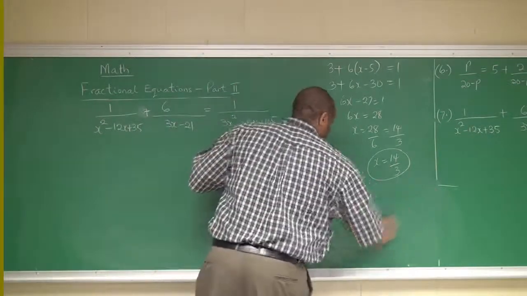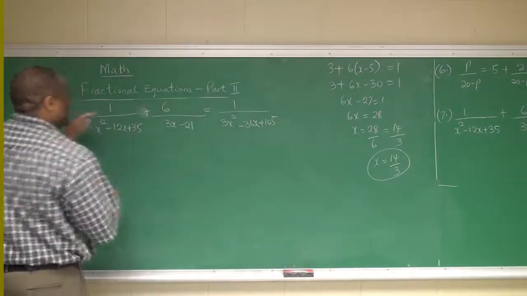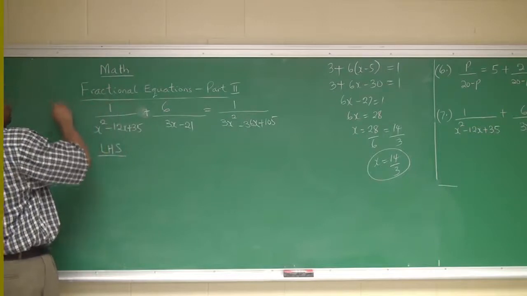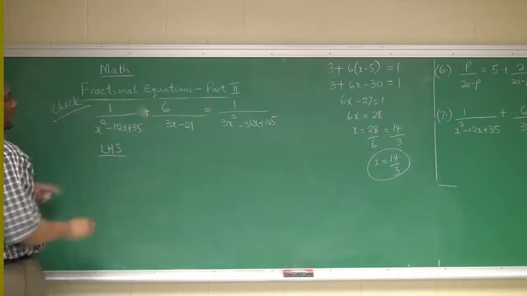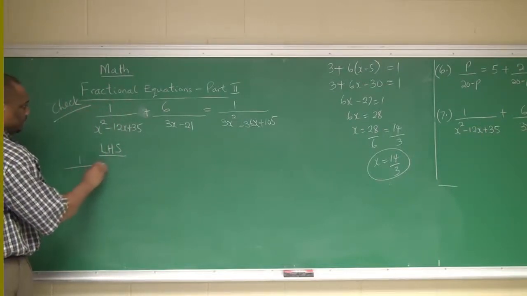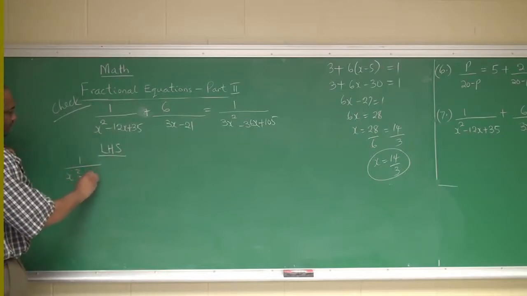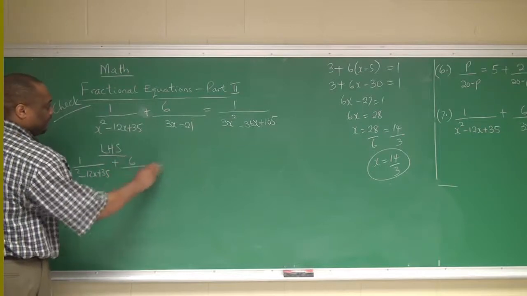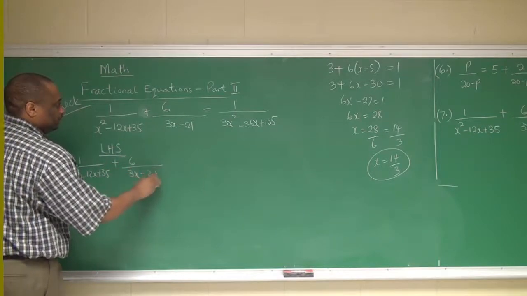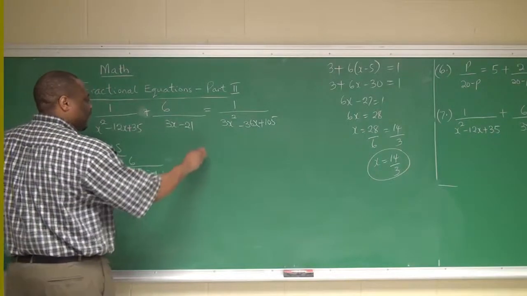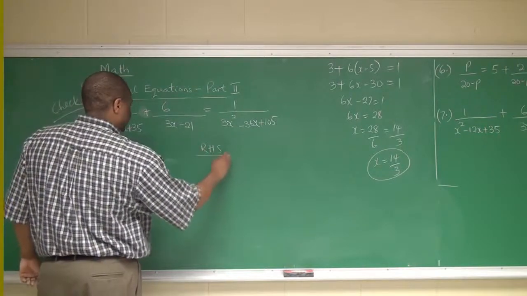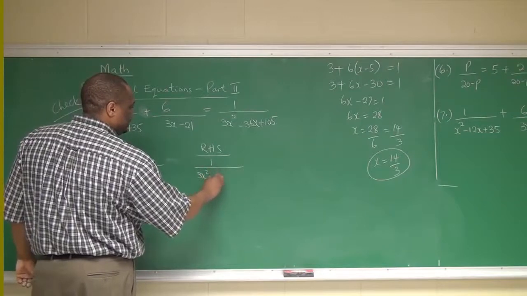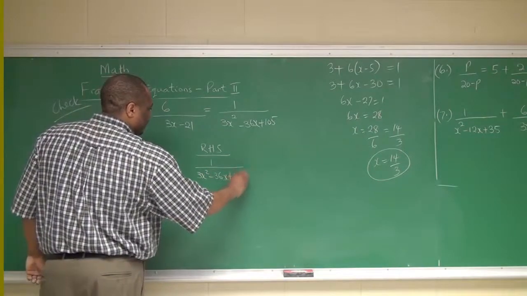We have 14 over 3. So the left-hand side, I can write check here. The left-hand side is 1 over x squared minus 12x plus 35 plus 6 over 3x minus 21, equal, then the right-hand side will be 1 over 3x squared minus 36x plus 105.